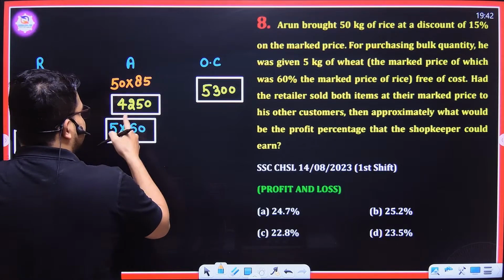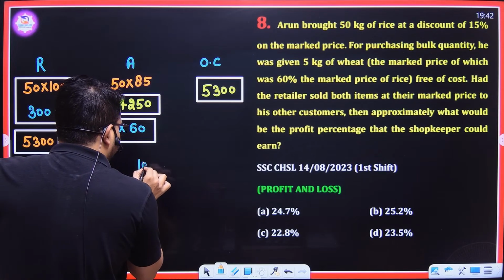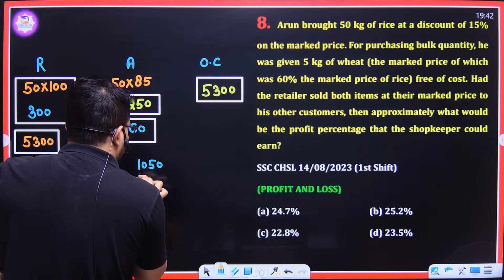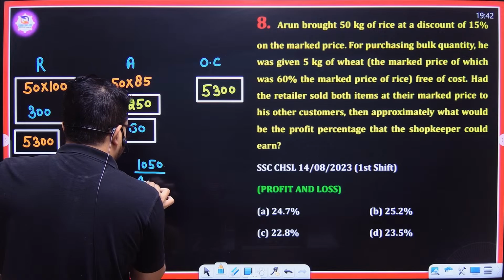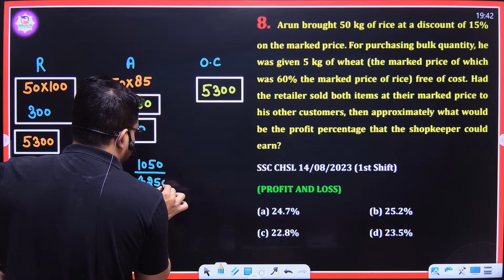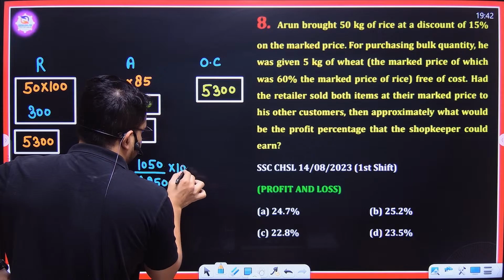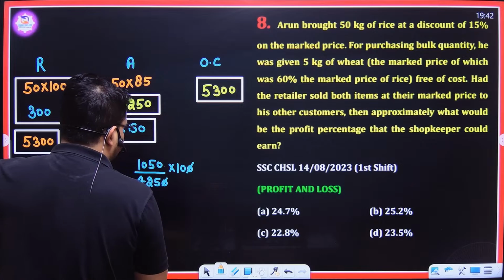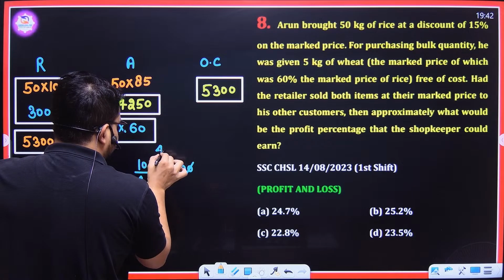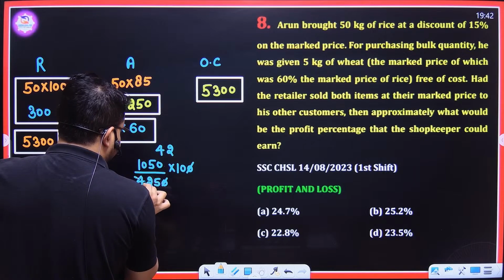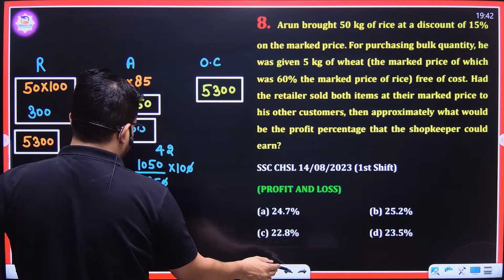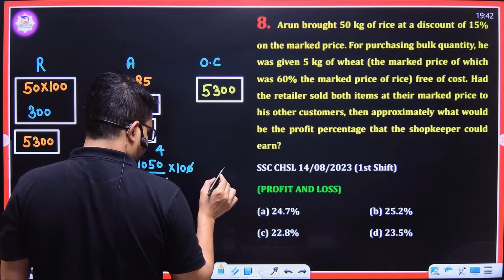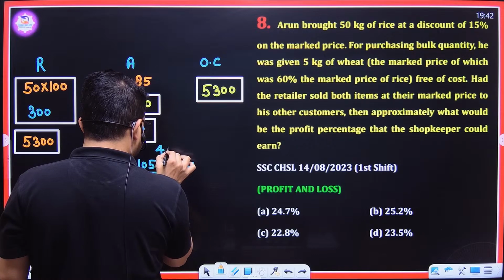So he has a profit of 1050 over 4250 into 100. The 10 will be cancelled out. 25 times 4 is 100, 25 times 2 is 50.